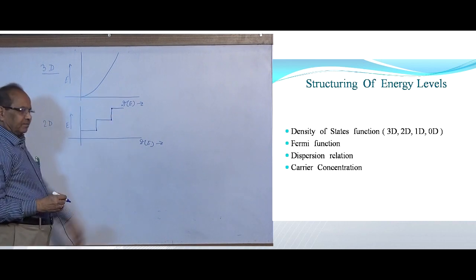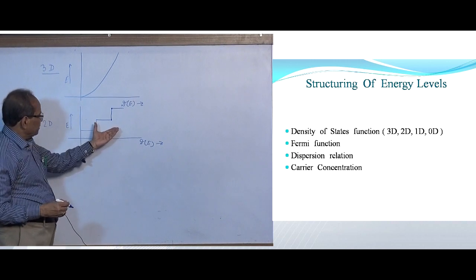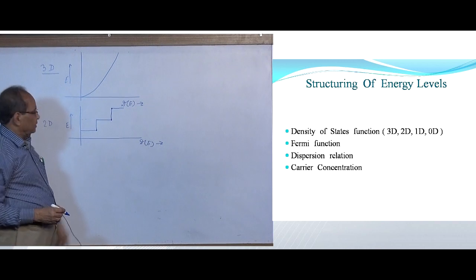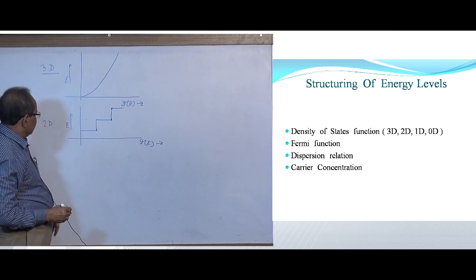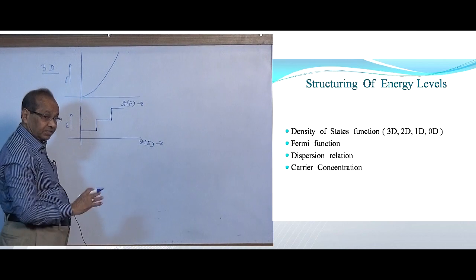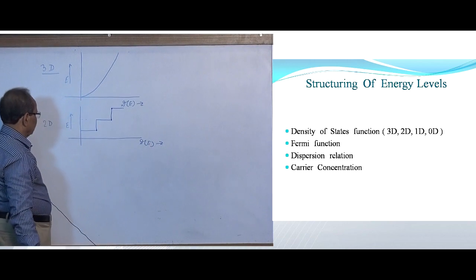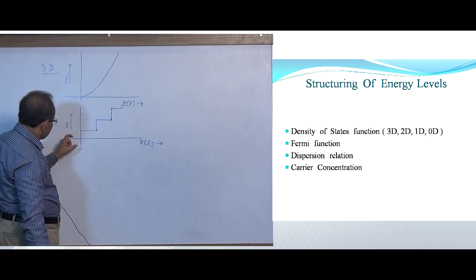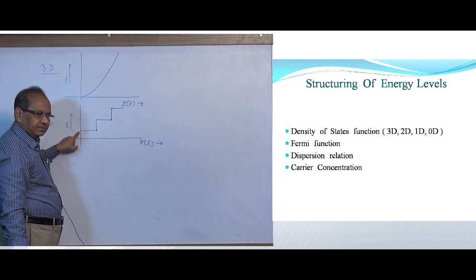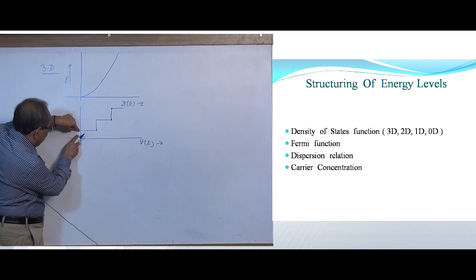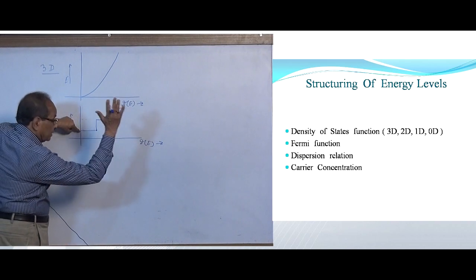This repetition. So what information do you get? What is the difference between this graph and this graph? The energy versus density of states in 3D and energy versus density of states in 2D. Drastic change. What is that? Unless the energy of the electron reaches a particular value like this, up to this, there is no density of states.